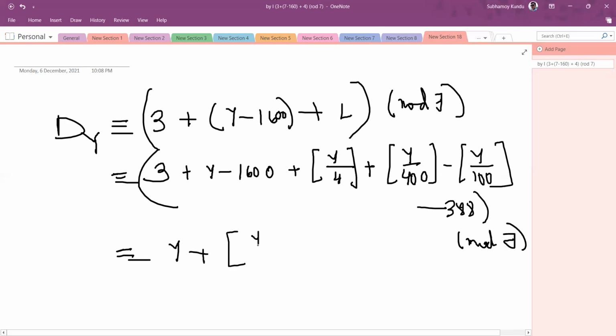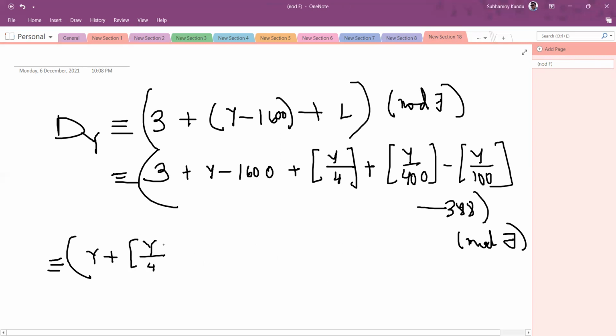y plus y by 4 plus y by 400, sorry, it will be minus, you know what, let's write it down more fairly. y plus y by 4 plus y by 400 minus y by 100.